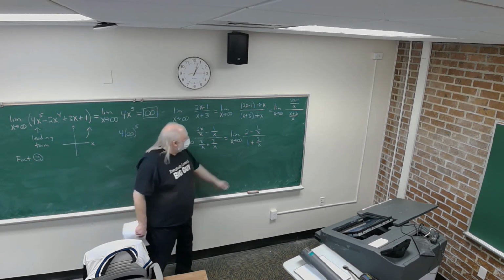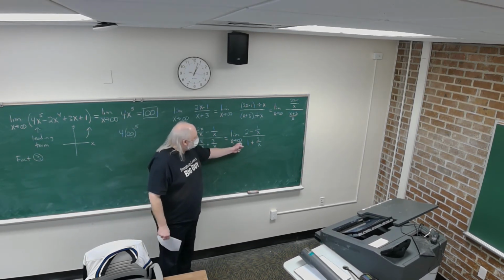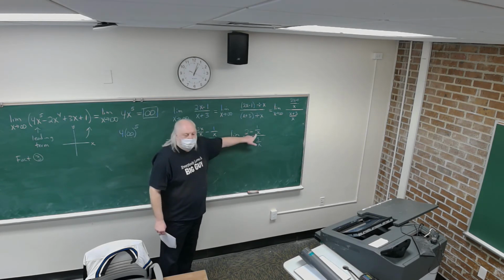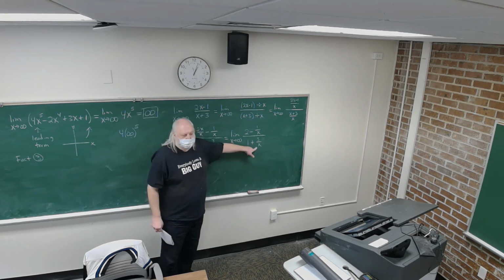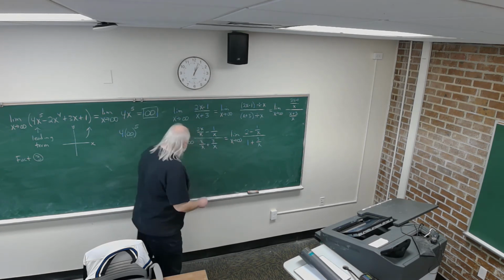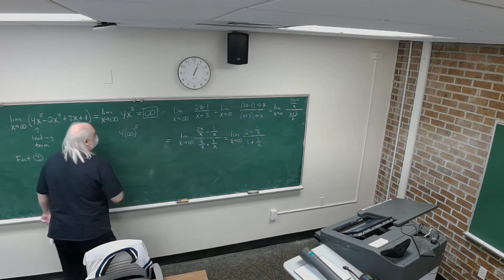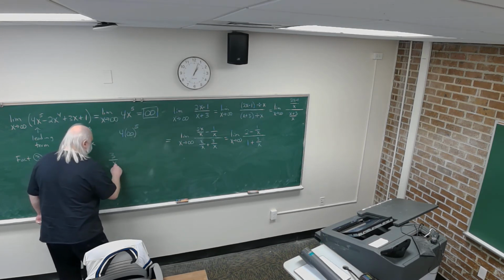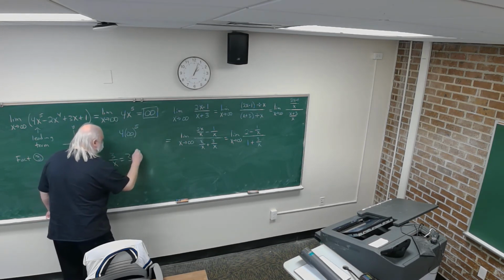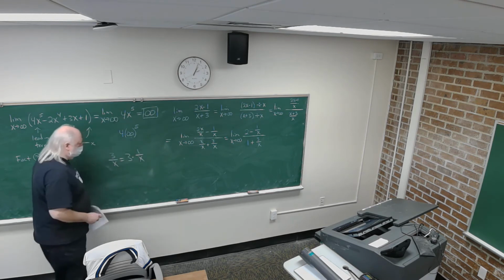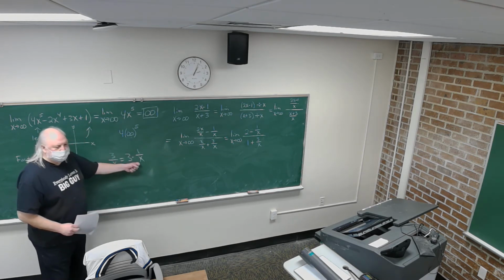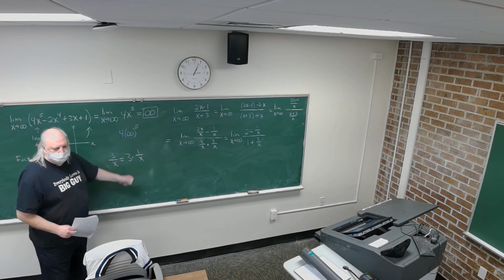Well, as x increases without bound, 1 over x goes to what number? 0. And 3 over x goes to what number? 0 as well, right? Because 3 over x is the same as 3 times 1 over x, and 1 over x goes to 0. 3 times 0 is 0.